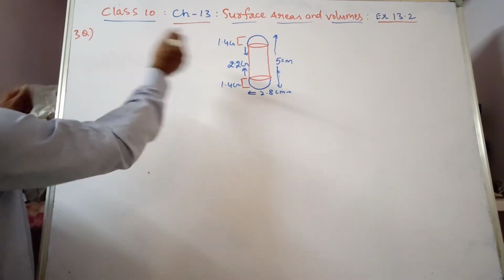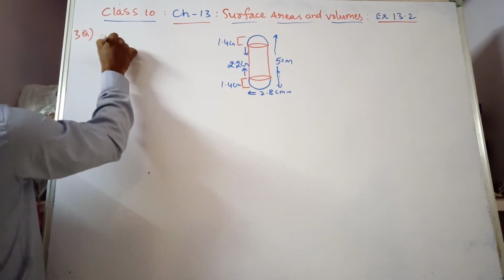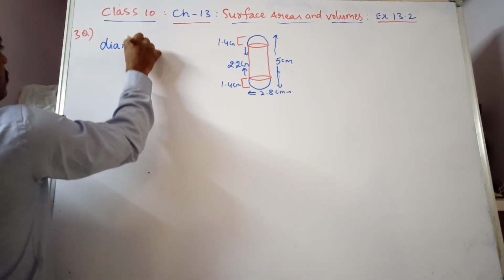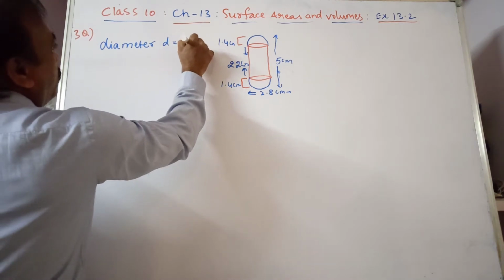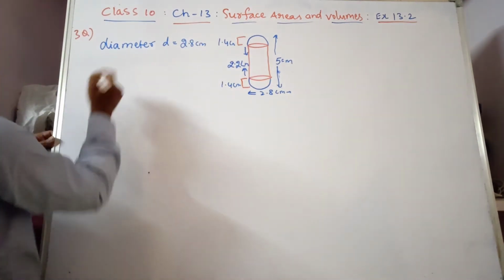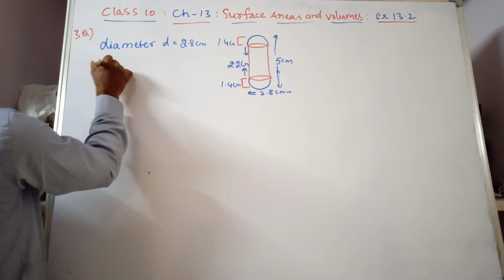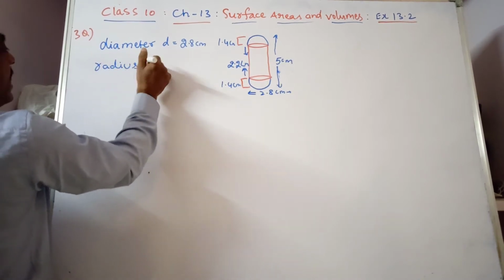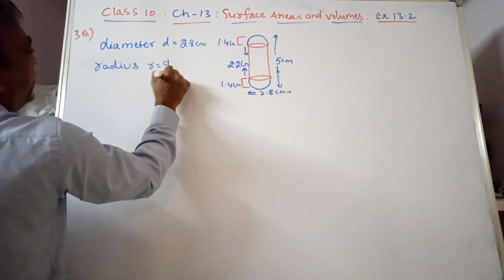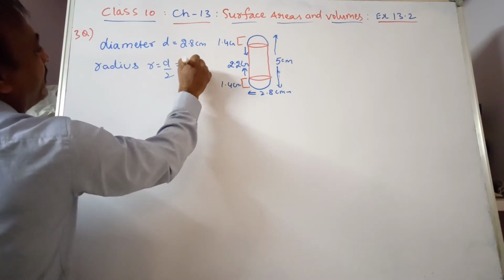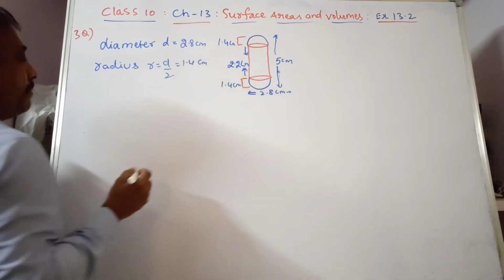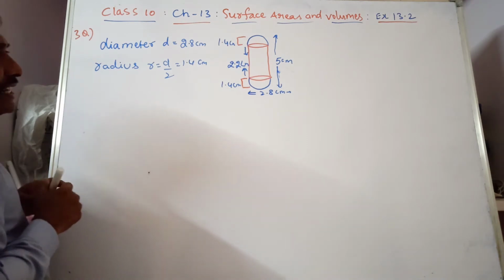So first, diameter D is equal to 2.8 centimeters. Next, calculate the radius, which is equal to D by 2, which is 2.8 divided by 2, giving 1.4 centimeters.